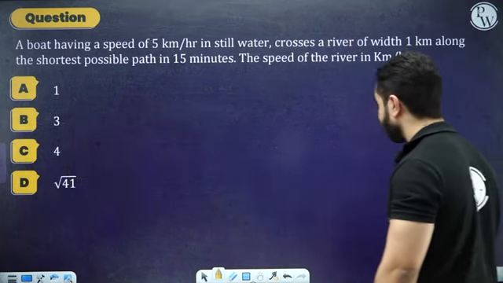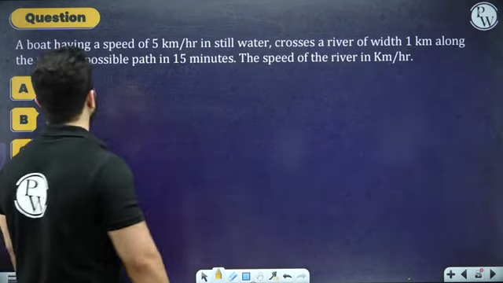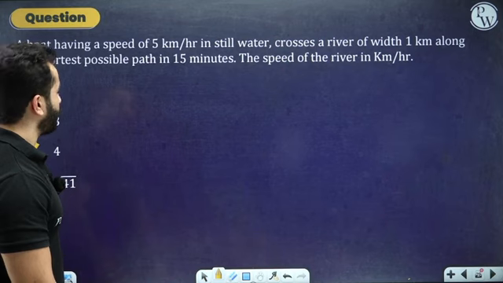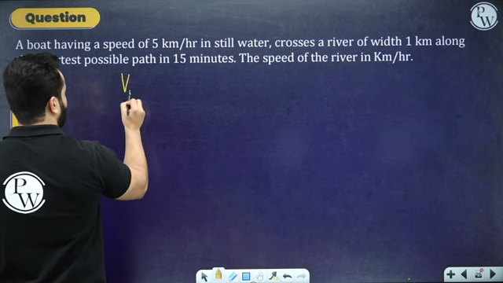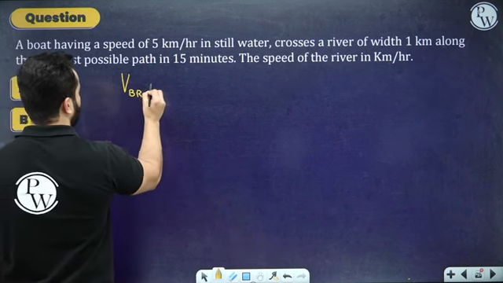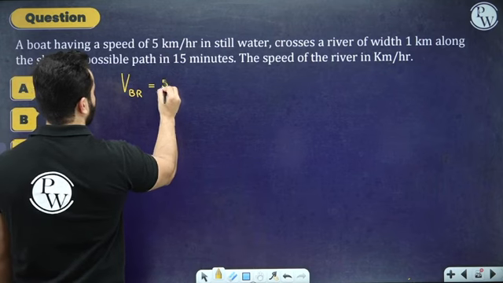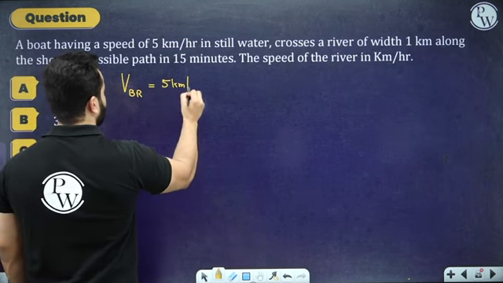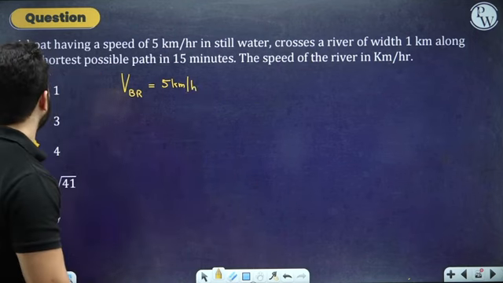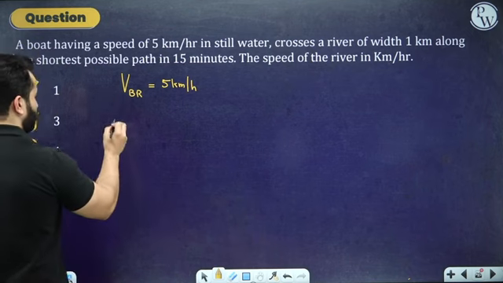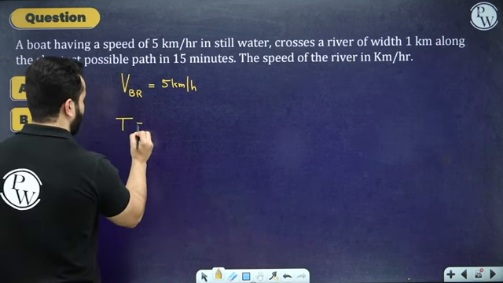Let's see this one. The question says a boat having a speed of 5 km/h in still water. So this is your VBR. Now they are talking about a boat, so we are going to write VBR. This is given as 5 km/h. All right. It crosses a river of width 1 km along the shortest possible path. So for the shortest possible path, time is 15 minutes.